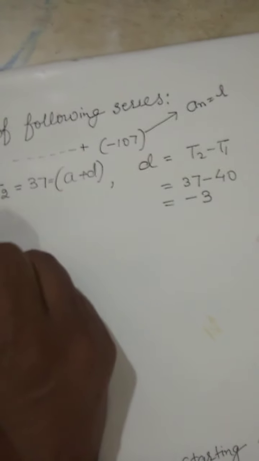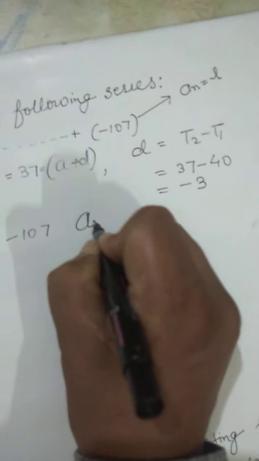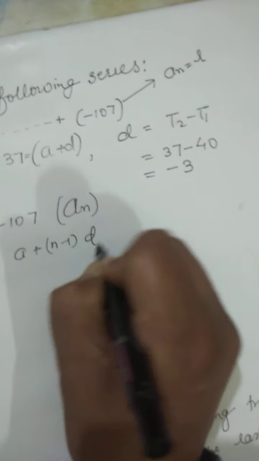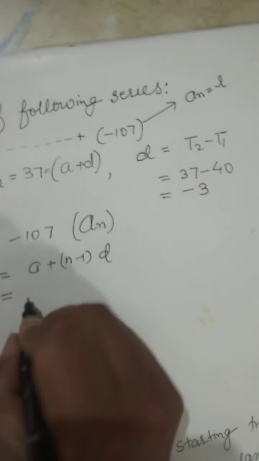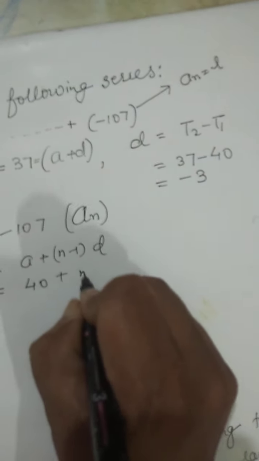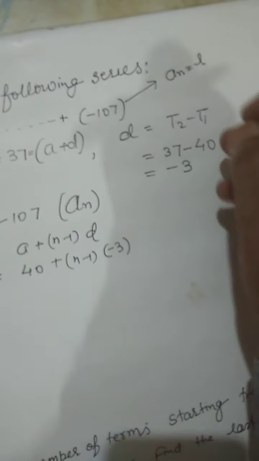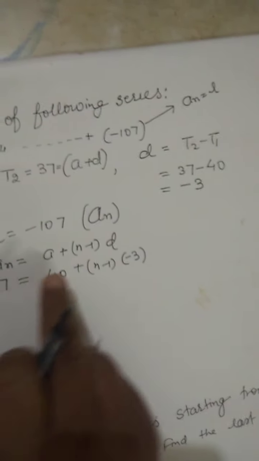Okay, so this implies, according to the question, l is equal to minus 107. That is an. So an is equal to a plus n minus 1 d. So minus 107. a is given, 40. n minus 1. d is given, minus 3. n is not given, we have to find that one. Here the sign will change.